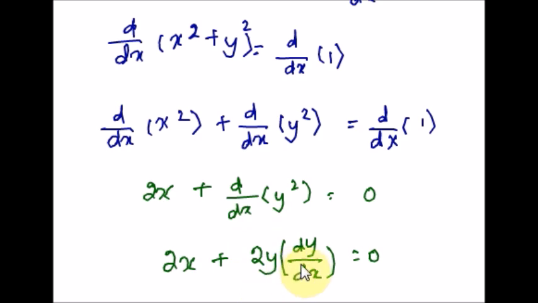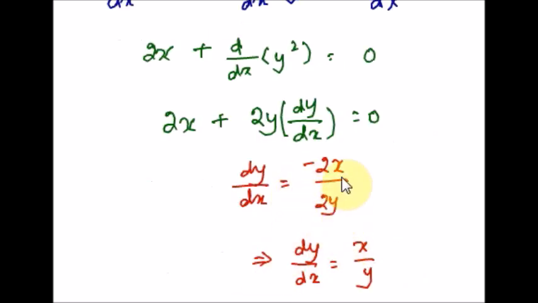Hope you are clear till this step. Please remember, our goal is to solve for dy over dx. Okay, now let us isolate this dy over dx on the left side and shift all the other terms to the right side of the equation. Subtracting 2x from both these sides and dividing both these sides by 2y, we will get dy over dx equals -x over y. That's it. Hope you are clear with this example.